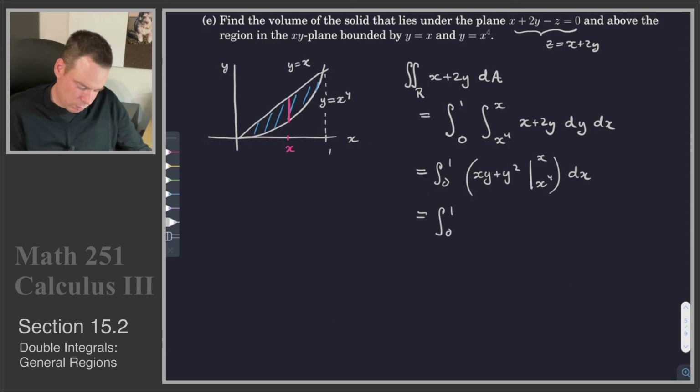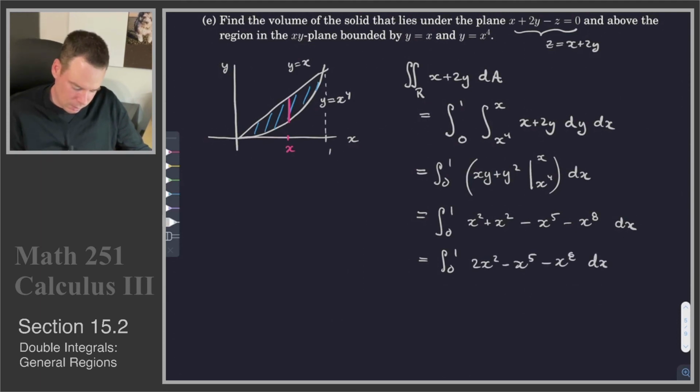That's the integral from 0 to 1 of x squared plus x squared minus x to the fifth minus x to the 8 dx, or in other words, the integral from 0 to 1 of 2x squared minus x to the fifth minus x to the 8 dx.